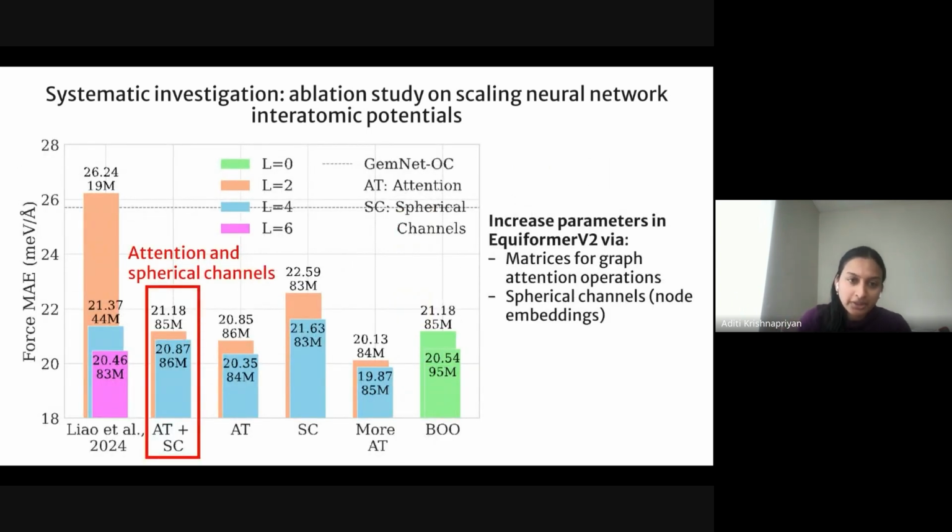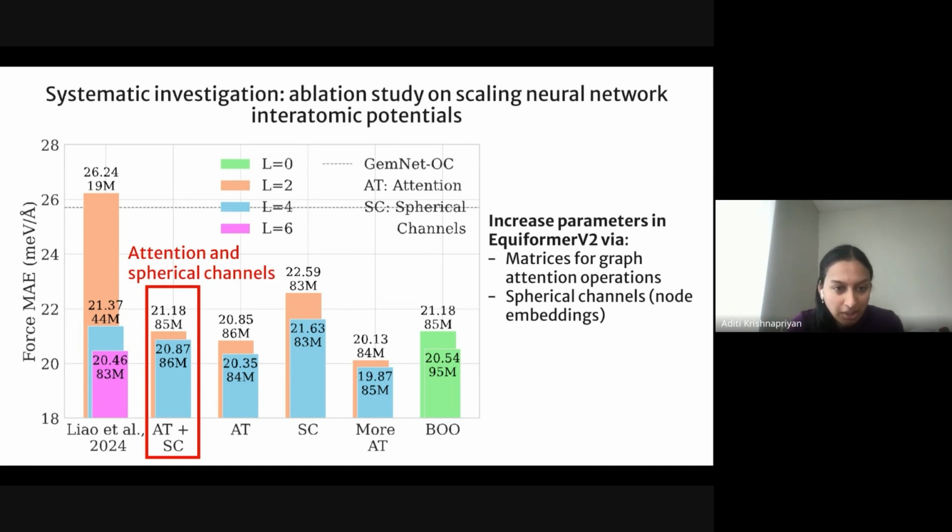So we continued on with this ablation study, and we decided to increase the parameters in the model in a couple of different ways. So one is that we added parameters for the graph attention operations, and we also added parameters based on the spherical channels, and that's represented by this red box here.